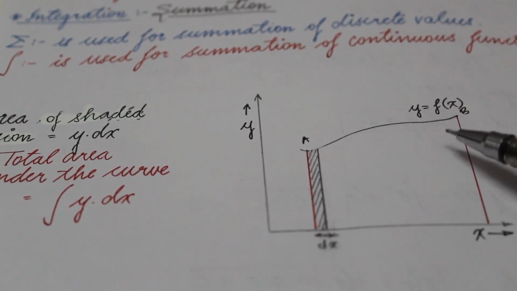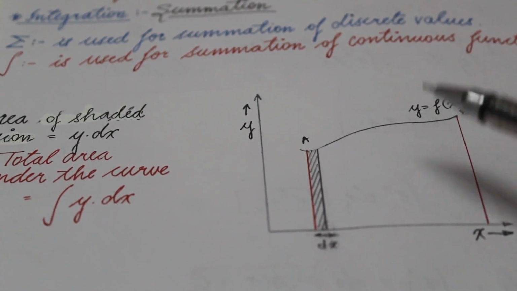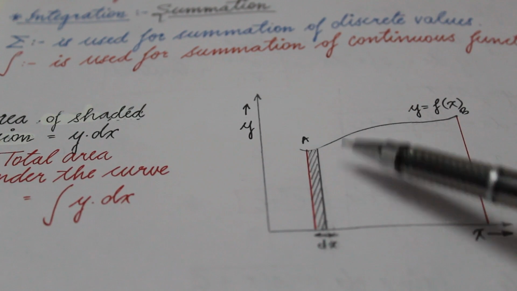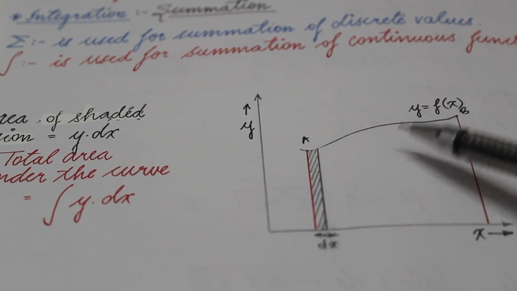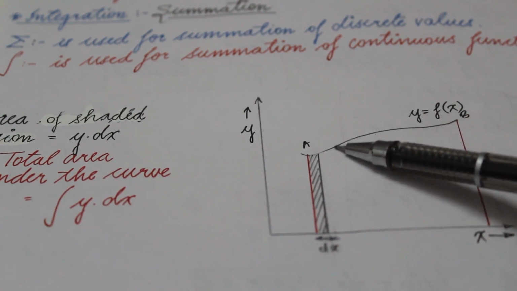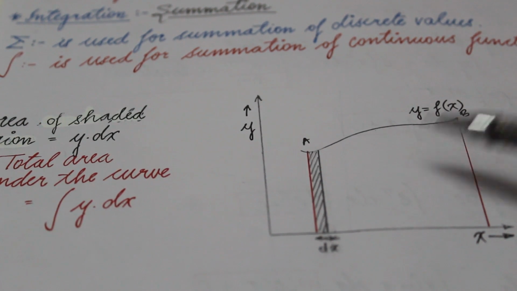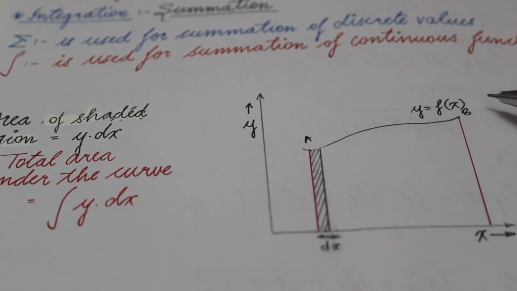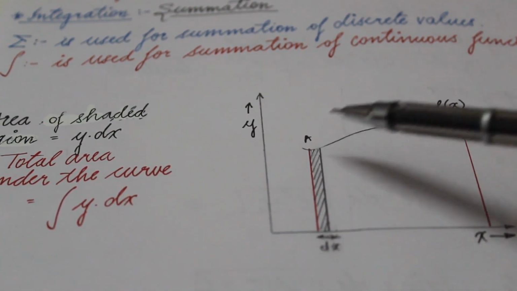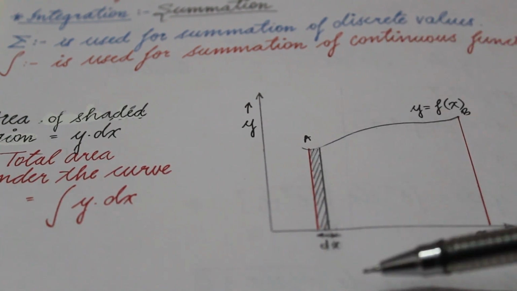Here we can't use simple summation, we have to use integration, as the rectangles won't have similar areas. As you can see clearly here, if I draw a rectangle here, the height might change or the breadth might change. So to find the area under the curve, we use integration.